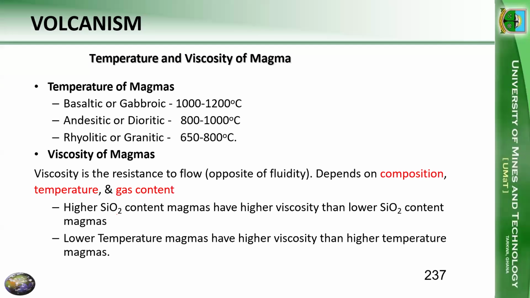So at low temperature, magmas will have higher viscosity. This is quite the case even in everyday life, where at lower temperatures we tend to have higher viscosity than at higher temperatures. So lower temperature magmas like the rhyolitic or granitic magmas would have a higher viscosity, meaning they are thicker and more resistant to flow.